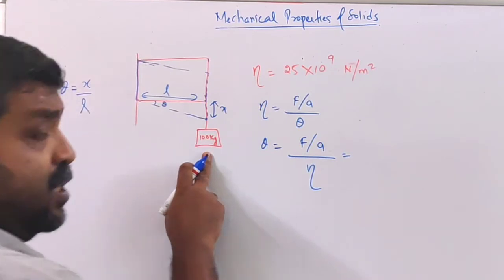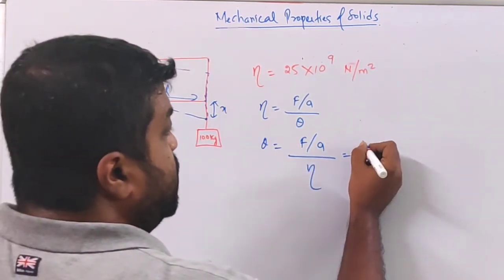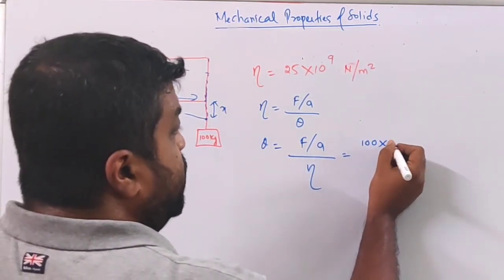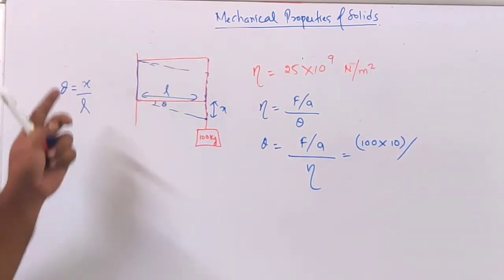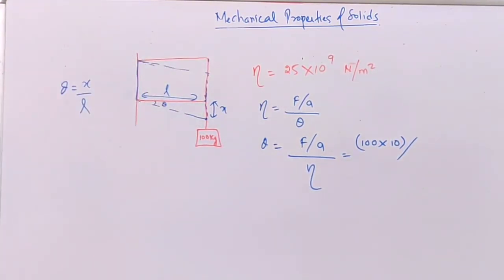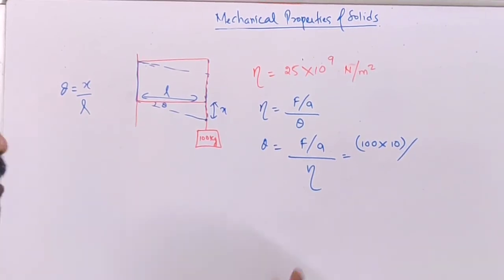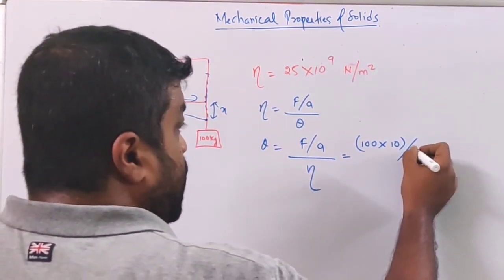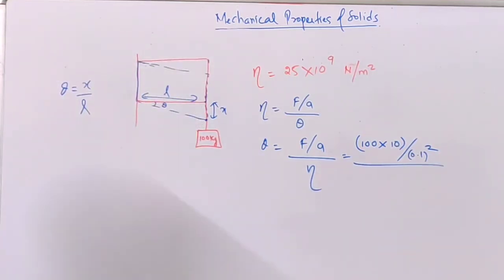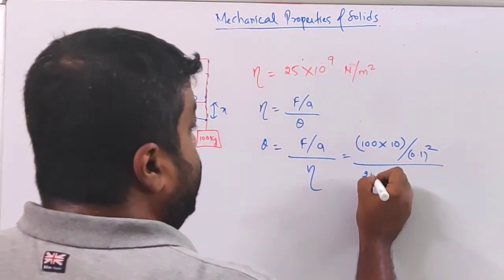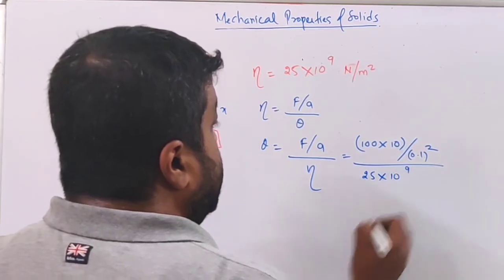Force is 100 kg, so 100 into g, g is 10, divided by area. The length of each side is 10 centimeter, so that is 0.1 square, the area. Eta is this quantity, 25 into 10 power 9.